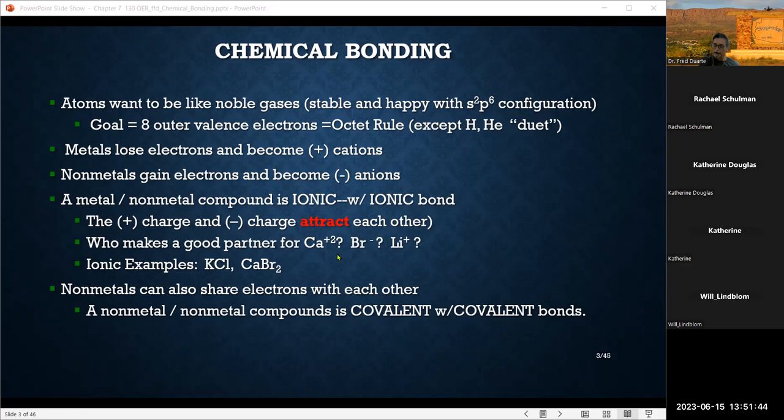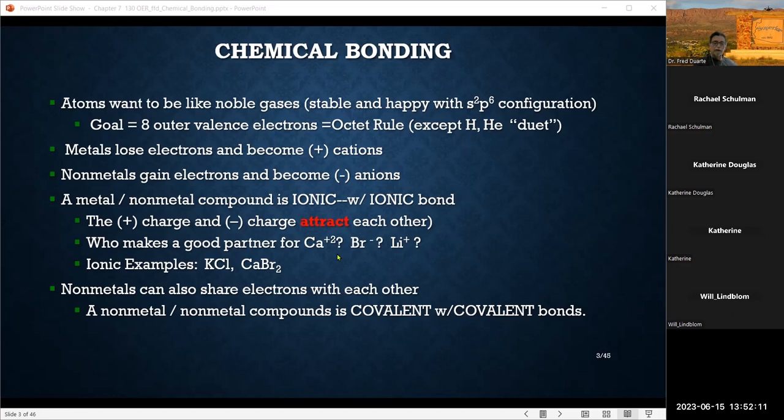It's just simply calcium bromide, okay? We don't use prefixes, unlike covalent compounds where we do, like CO2, carbon dioxide, CO, carbon monoxide. Yeah. So for covalent compounds, yes, we do use prefixes. And for ionic compounds, no prefixes.